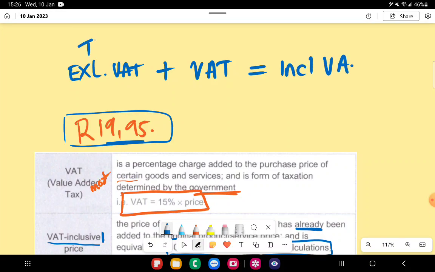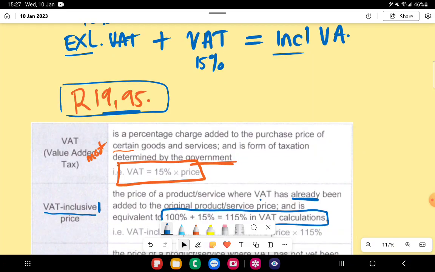So total excluding VAT, this is the amount that the seller is charging you. The seller says, I want my bread to be 17 Rand. And then they say, okay, my bread's going to be 17 Rand. Then the government says, oh, add your value added tax, which is 15%. And then after value added tax, the amount is 19.95, which includes VAT. So understand excluding and including.